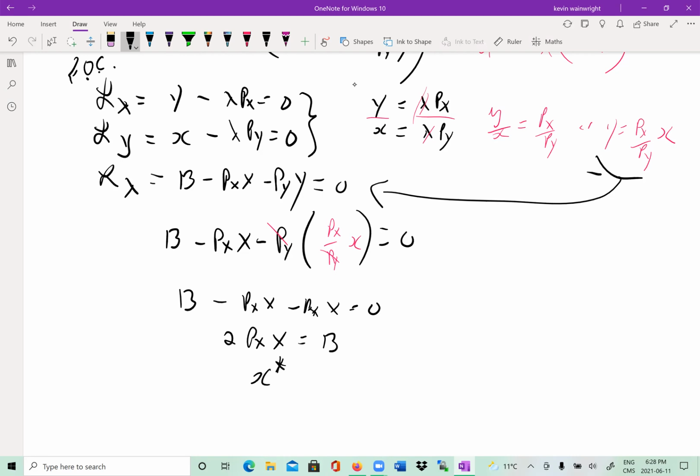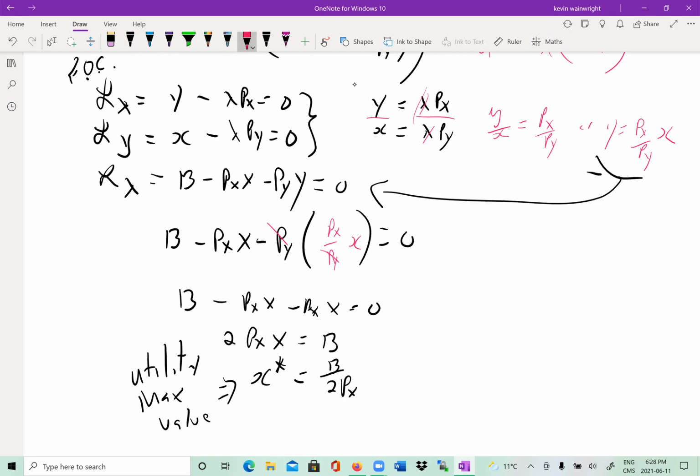X star equals b over 2px. And that's the utility max value of x.